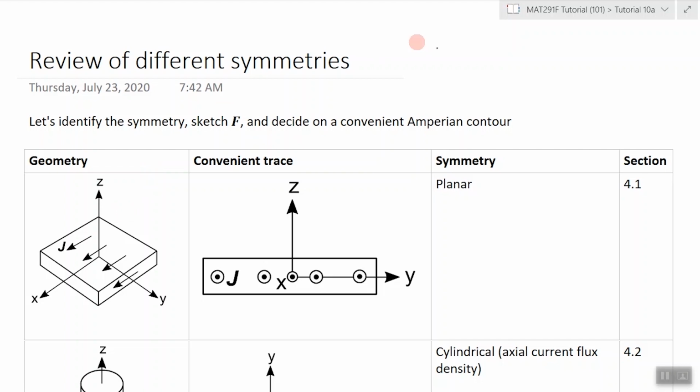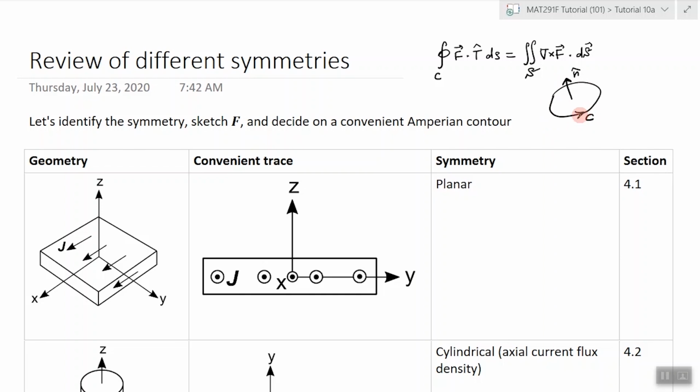Now let me remind you that Stokes' theorem looks like this. You have your contour integral of a vector field is equal to the flux of the curl of the vector field F through the surface S, where the surface S needs to have the same orientation as the contour by the right-hand rule.